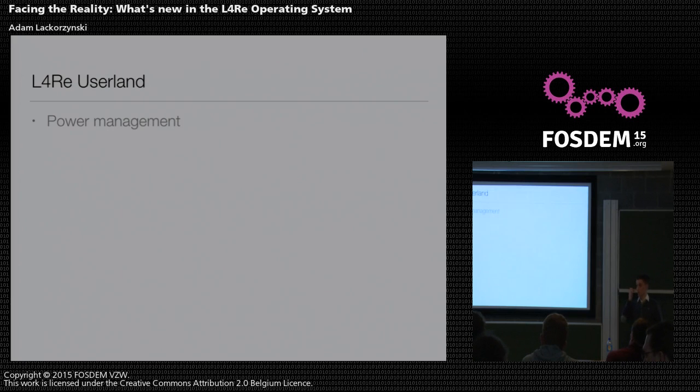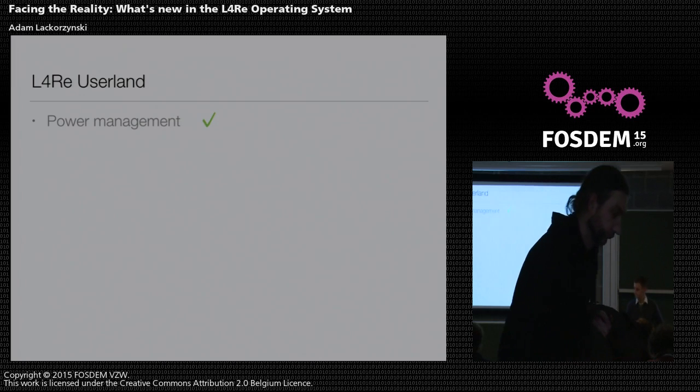In L4Re, one of the major features is power management. This makes the system actually usable, for example, on a laptop, because now you can just close the lid and put it in your backpack, and you get basically the same power characteristics as on a Linux system.